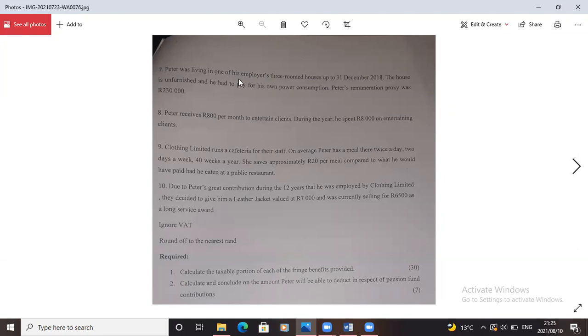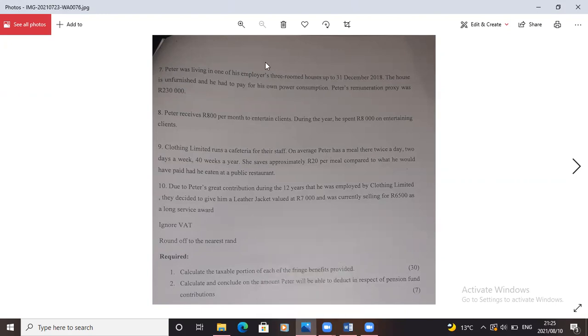So Peter was living in one of his employer's 3-roomed houses. So since it's 3 rooms, we use 17. The house is unfurnished and he had to pay for his own power. We use 18 if it's 4 rooms and above with at least one between the two, electricity and furniture. Then if there is everything and it's 4 rooms and above, we use 19.